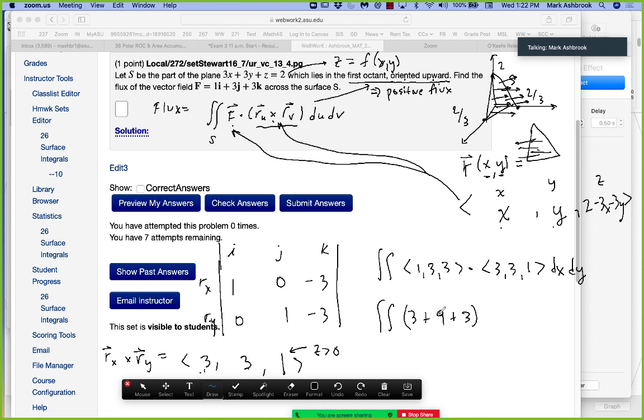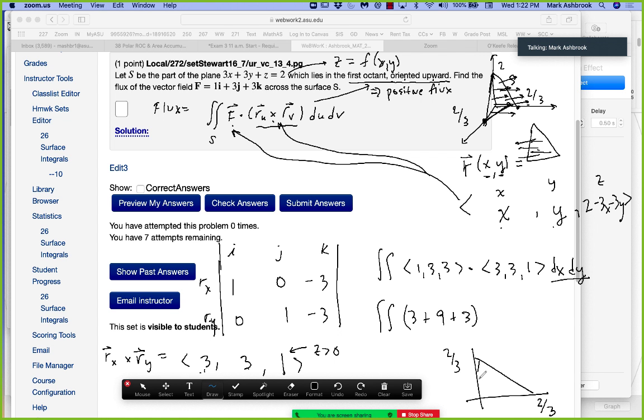And how do we do this? Well, we need to get the projection. This is now like our triple integrals. We need the projection of that surface into the xy plane. We found before that these points are 2/3 and 2/3, so y equals 2/3 and x equals 2/3.